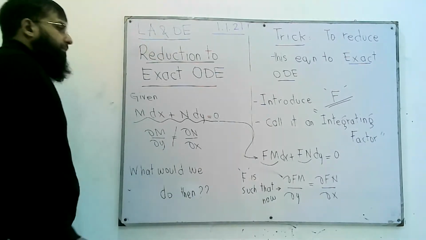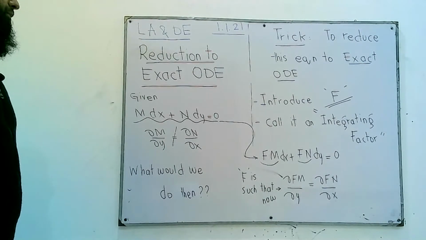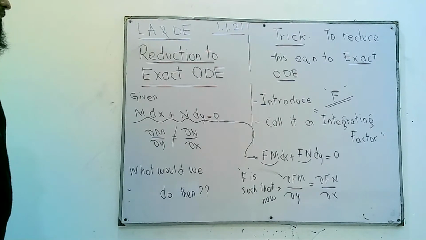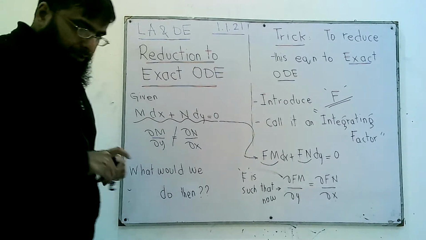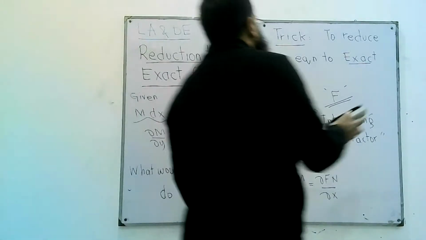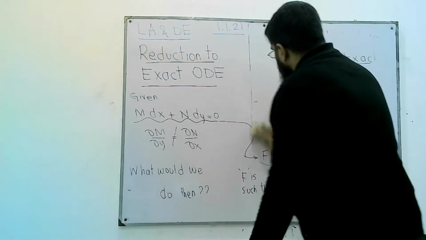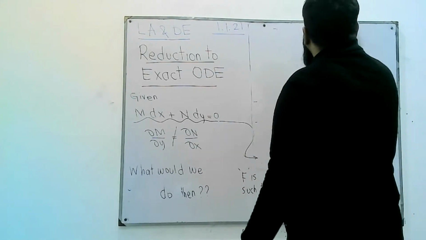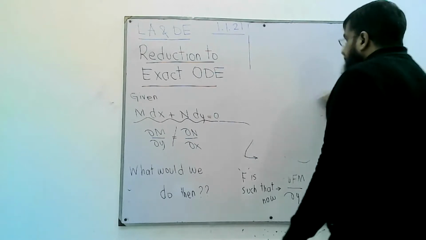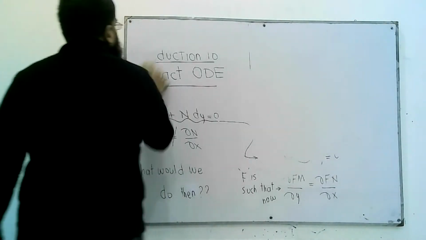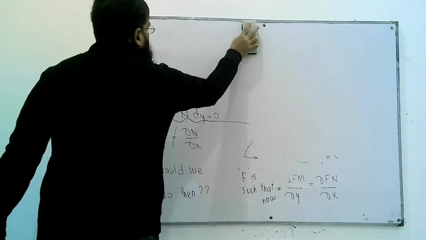That would be great. Now the next question is how to find that f. But before we discuss computing the value of f, let's see whether this technique or trick works on a given ODE.